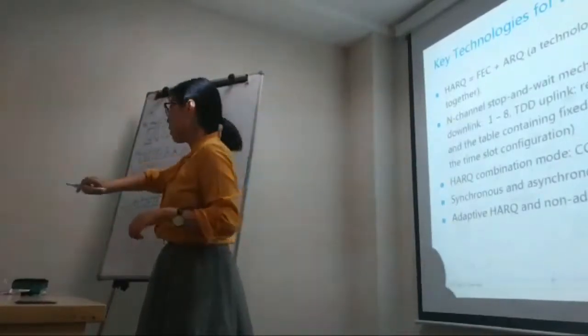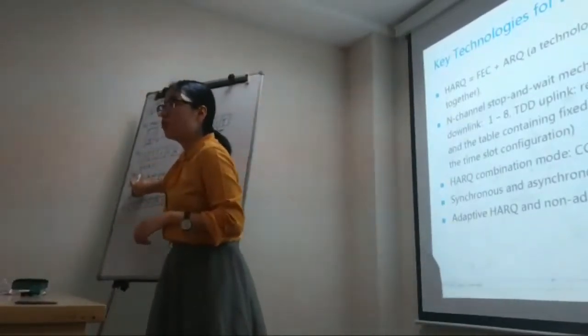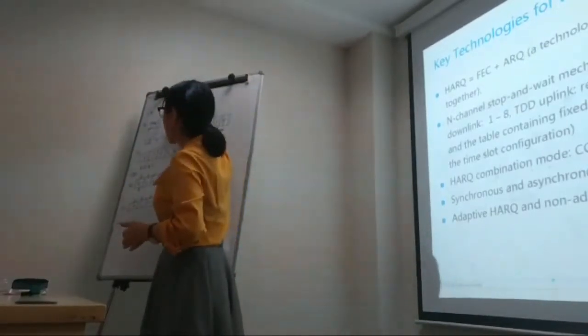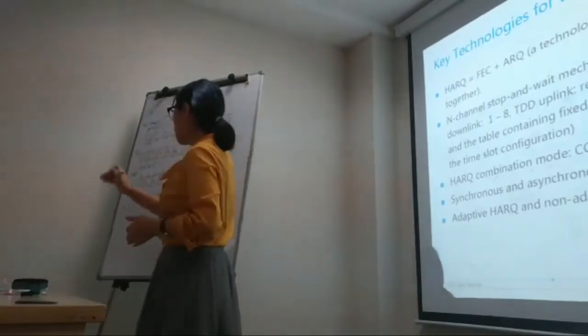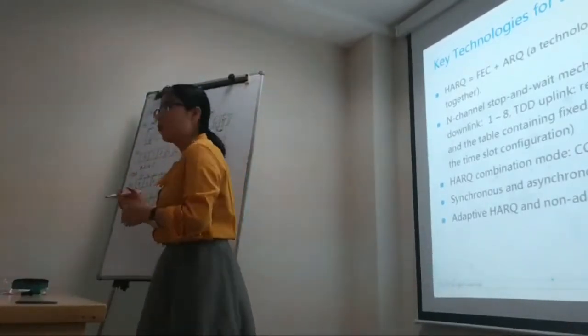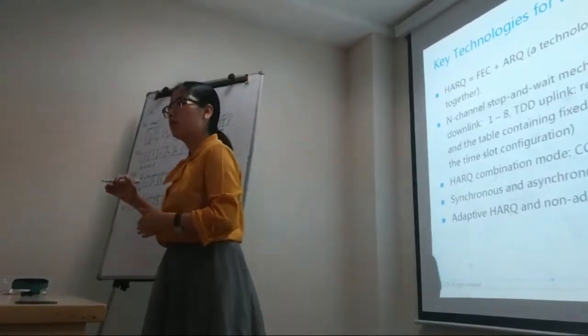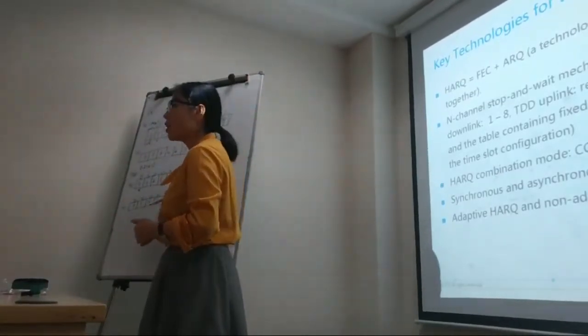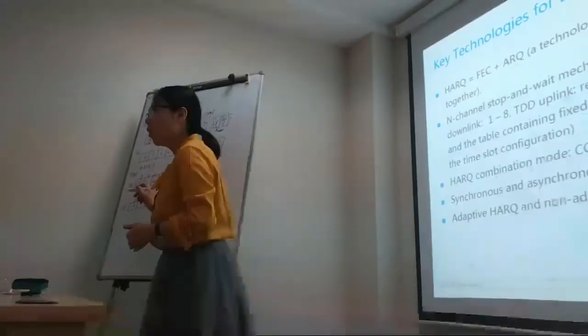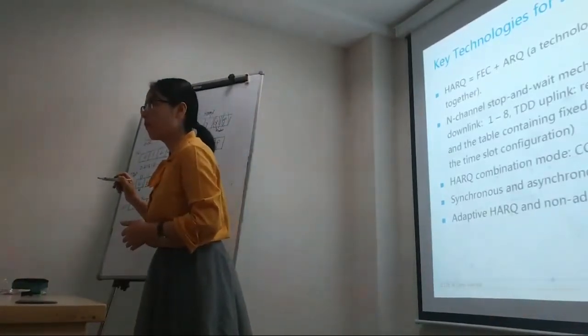At this time, if I transmit in subframe 0, and we also use K, the time K is 4. So which subframe do we need for feedback? It is 4, right? But 4 is a downlink. We cannot use it.